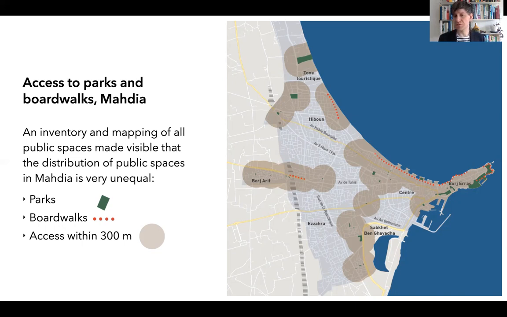What was very obvious to the working group is that the city center, which is on the right of the image, very close to the sea and to the beaches, has a lot of public spaces, high quality, and very good access for everybody. But in the western parts of the city, there are areas where there are no public spaces at all. So this helps them prioritize giving equal access to public spaces for all citizens, not dependent on what part of the city you live in.